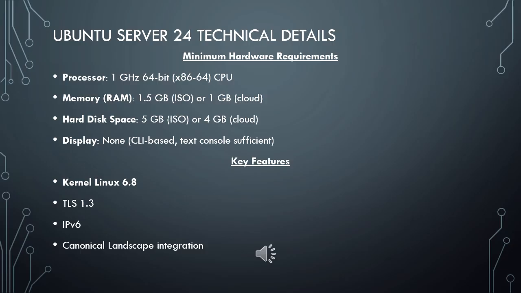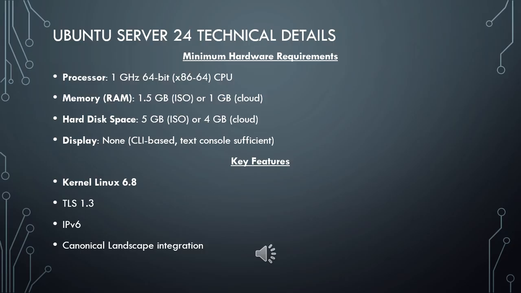To begin with, the minimum requirements to run Ubuntu Server 24 call for a processor of at least 1 gigahertz, 64-bit CPU, with 1.5 gigabytes RAM for the ISO version or 1 gigabyte if deployed in the cloud. Disk requirements are minimal: 5 gigabytes for the ISO or 4 gigabytes for the cloud deployment.